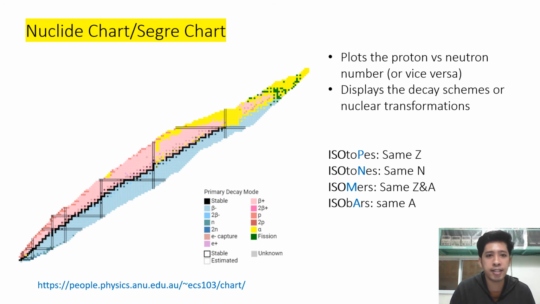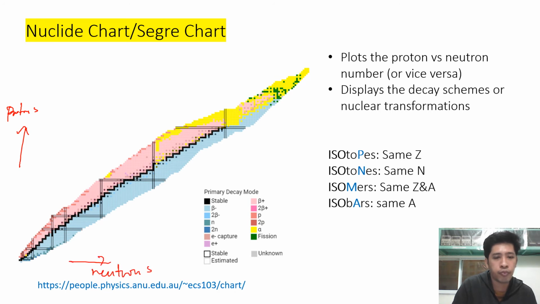So this is another form of the chart, your Segre chart or nuclide chart, plotting the proton versus the neutron number. For this chart, on this axis is your protons and on this axis you have your number of neutrons.